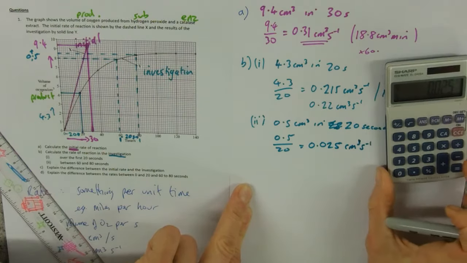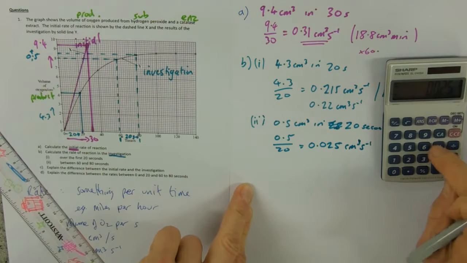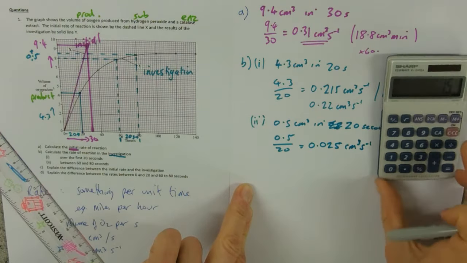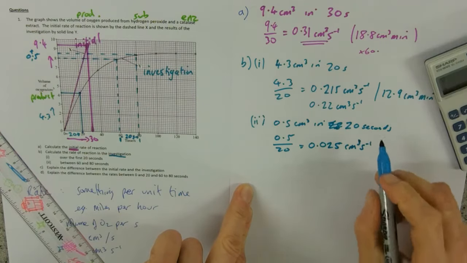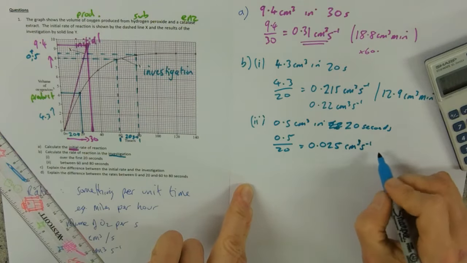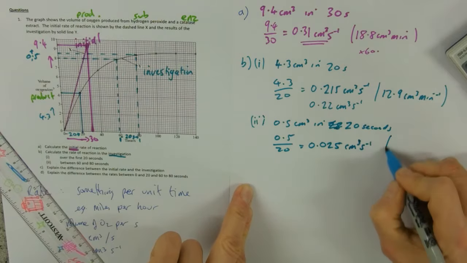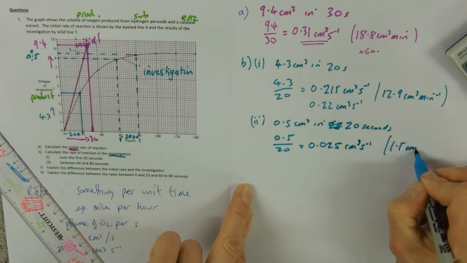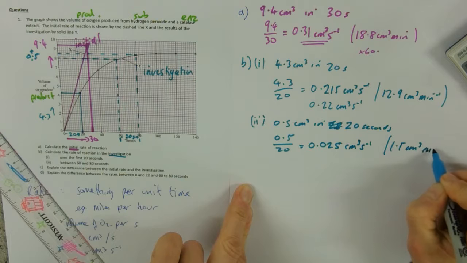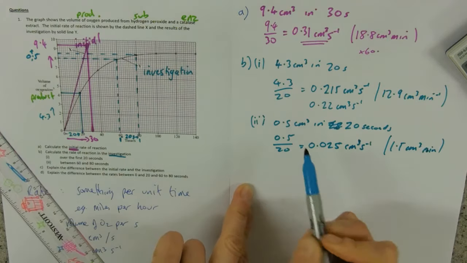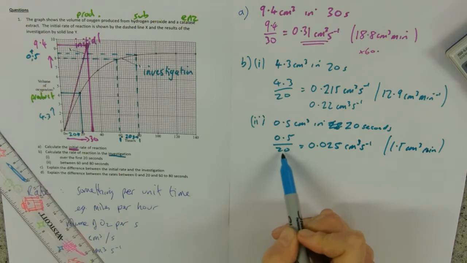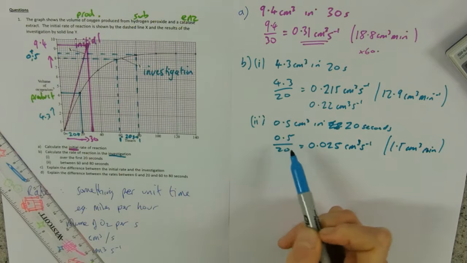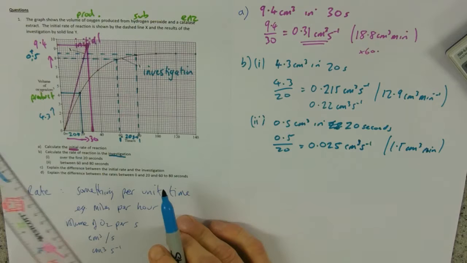And again, if you're doing that in minutes, times that by 60 is 1.5 centimeters cubed per minute. And of course it is: if it's half in 20 seconds, if you times that by 3, that makes sense.